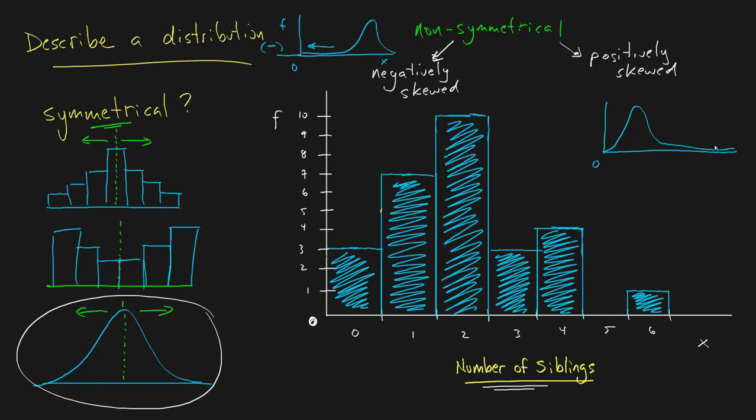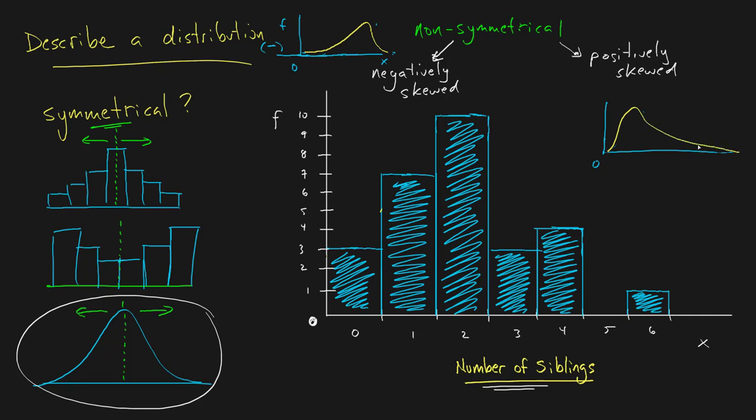Actually, let me redraw these. I think I've done a bad job of expressing what these should look like. Let me exaggerate them a little bit more so you can see the difference between a positive and a negative skew. Okay, so I'll just redraw my axes, and then a negative skew is going to be like this, and a positive skew is going to be like this.